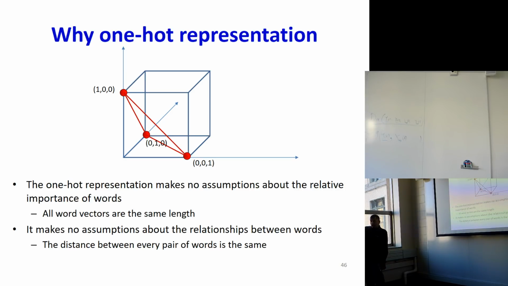Now, why did we use a one-hot representation in the first place? If it is one-hot, there is only one 1 and the rest are 0. This is for representing the inputs: if I have a word, how do I represent each word?